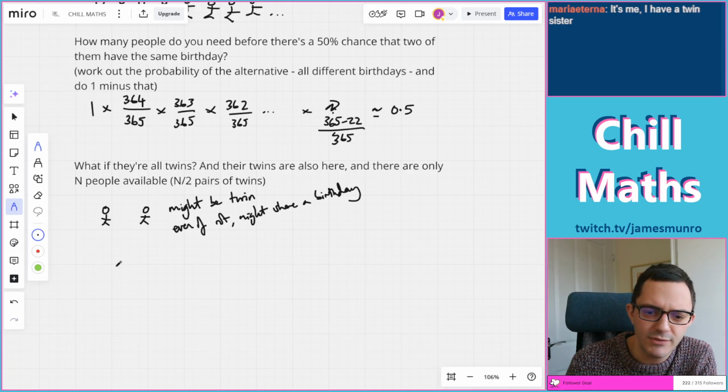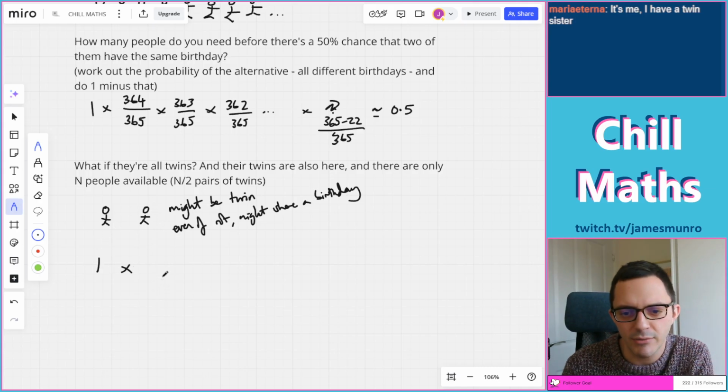So a new person arrives. With one person you have this sort of 1. But then just on the second person arriving, you have this sort of 1 chance in a high number, 1 in n-1, that they are the twin of this person. There were n people available to come to the party or something.